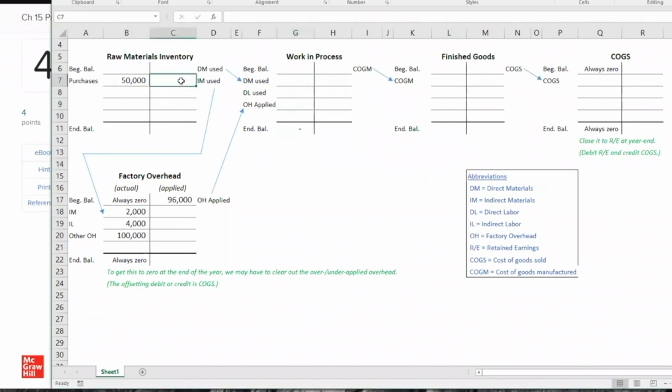We're definitely going to credit raw materials, right? Because we're taking it out of there. But where are we going to put it? In work in process? No. We put indirect materials used in factory overhead.